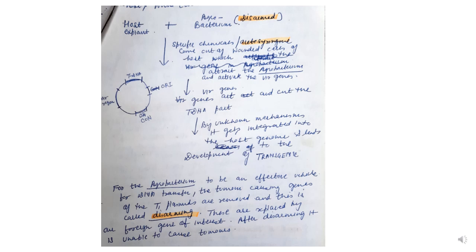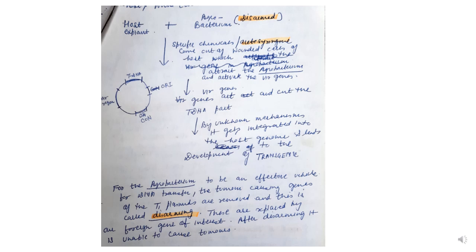This tDNA has some genes which are responsible for the formation of auxins and cytokinins. These are called oncogenes. These oncogenes are replaced with the foreign gene of interest. This replacing of oncogenes is called disarming.